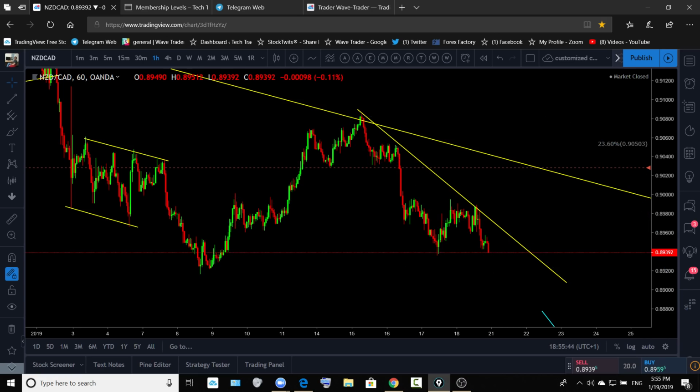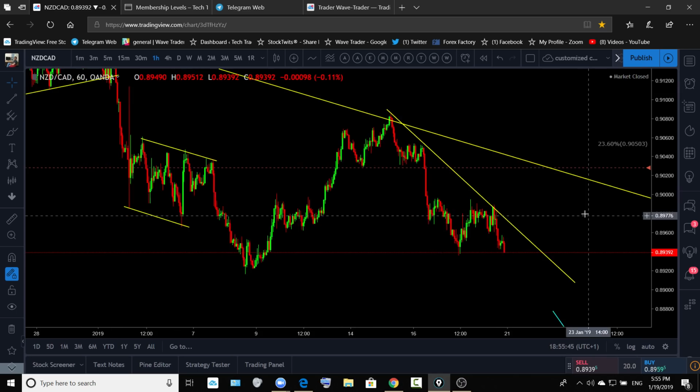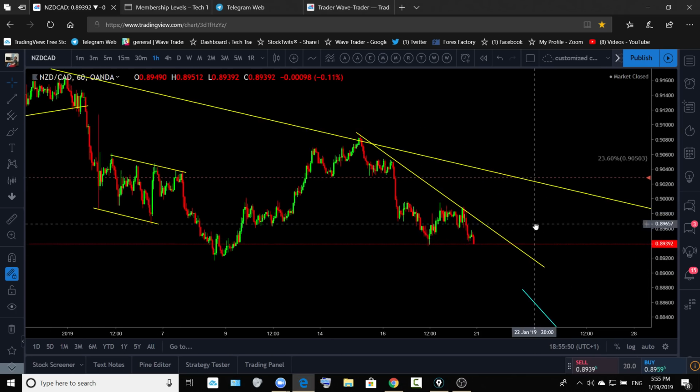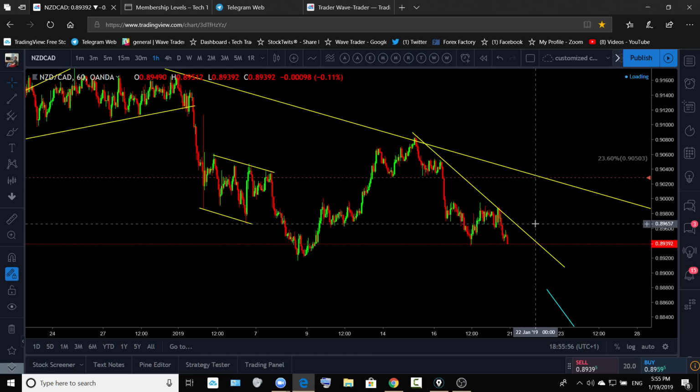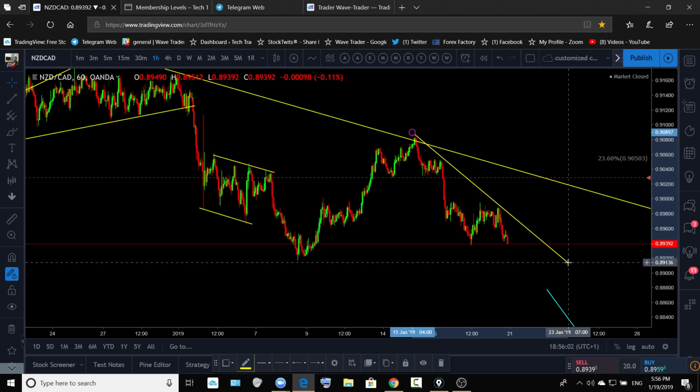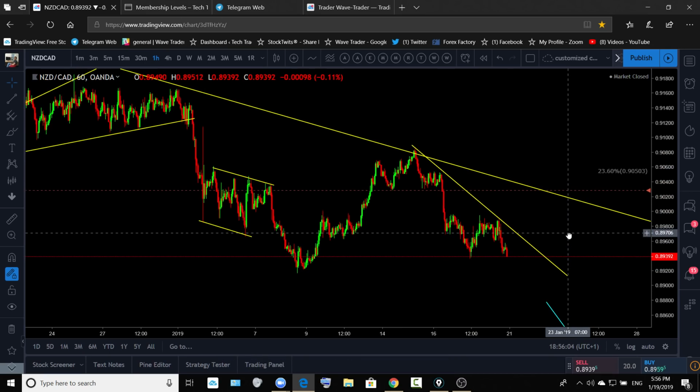People call that fractals or this and that, a lot of names. Actually, there are no fractals, there are patterns. We don't see random moves on our charts. There are no random moves on the charts.